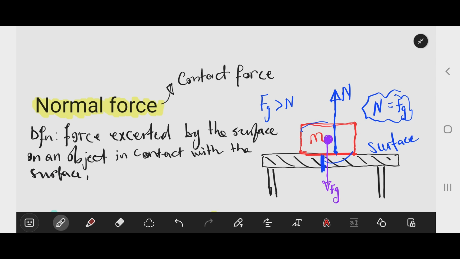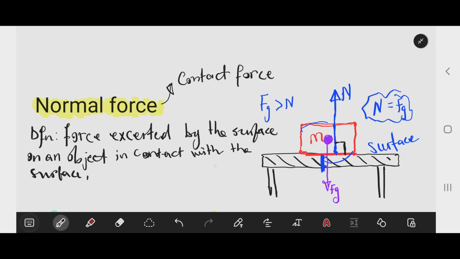Okay, so as you can see from the force diagram that I've drawn here, the normal force is perpendicular to the surface. It always acts perpendicular to the surface. So normal force is the force exerted by the surface on an object in contact with the surface.